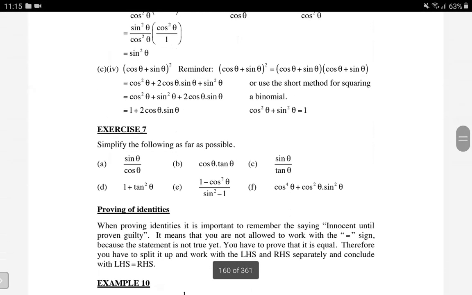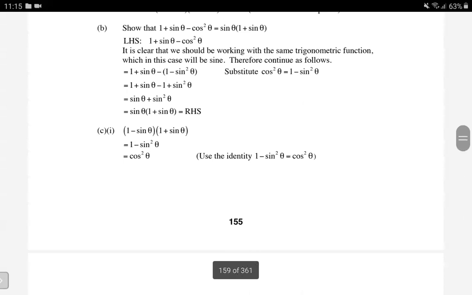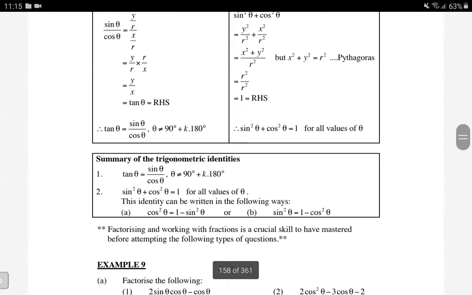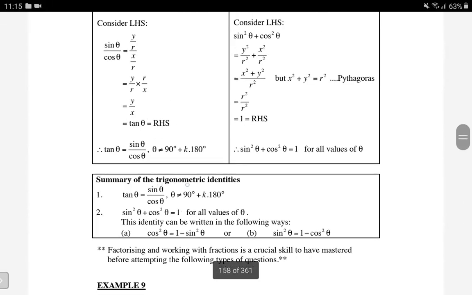If we scroll up here, you see where it says summary of trigonometric identities. There's tan theta equals sin theta over cos theta, and then sin squared theta plus cos squared theta is equal to 1 for all values of theta. This is what we're referring to. Also A and B are true, because they're saying this identity can be written in the following ways.